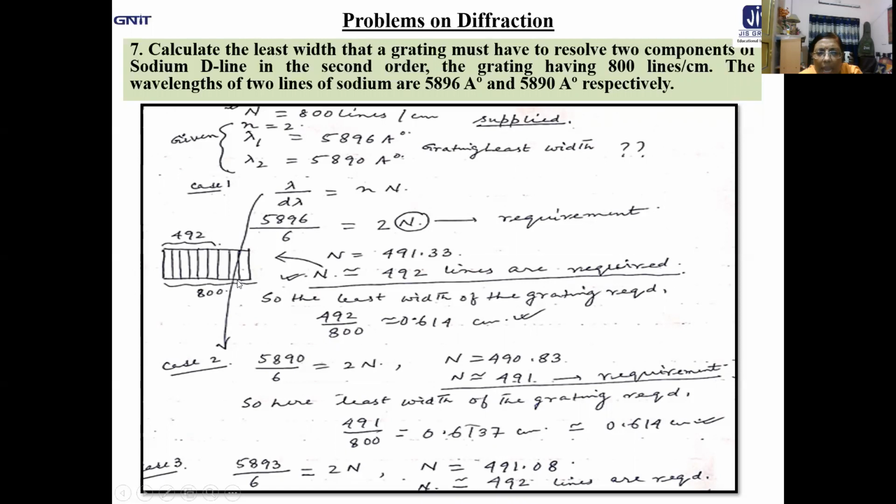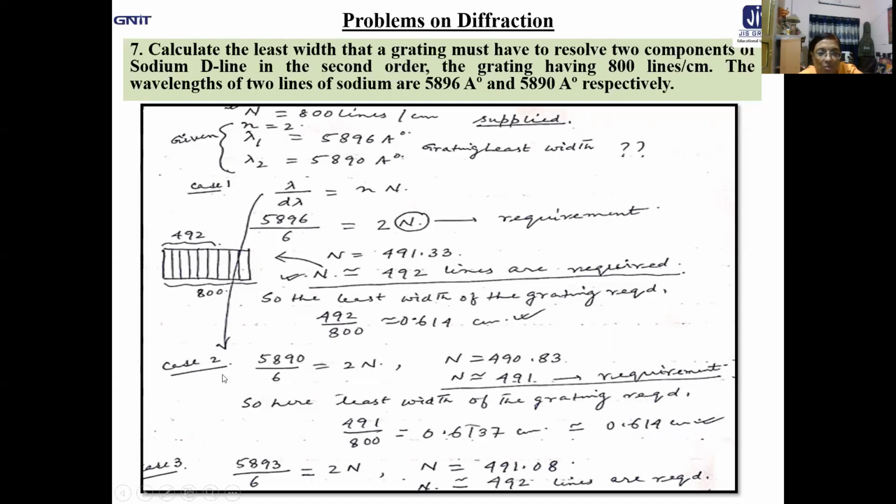That means you don't need the entire 1 centimeter. So what about the least width? You need up to this. How to find that? 492 by 800, that is 0.614 centimeters. So even less than 1 centimeter can give you the answer properly. Is it clear to you? Very interesting problem, the grating least width.